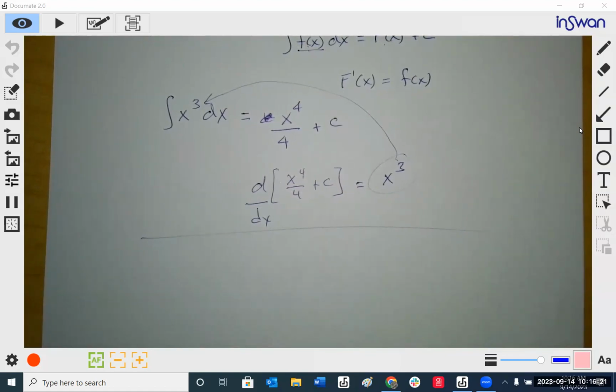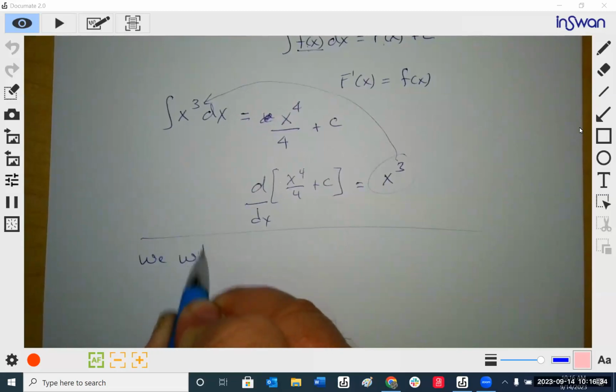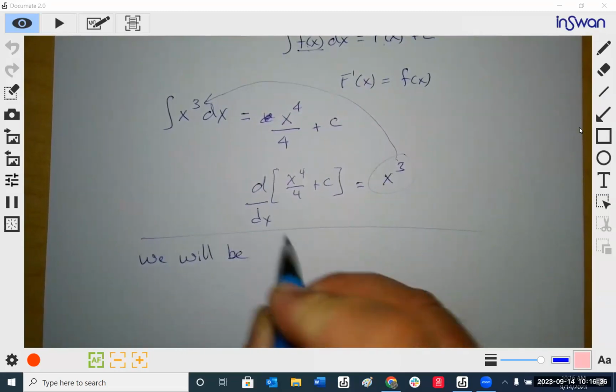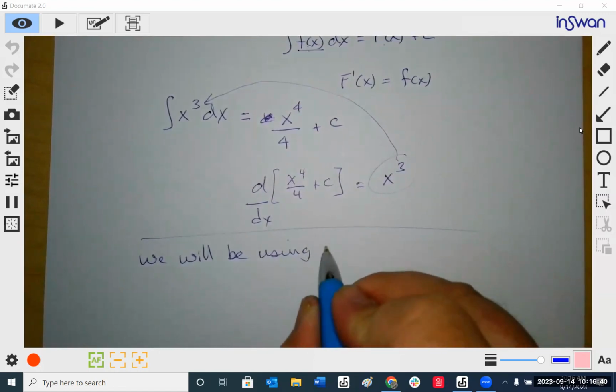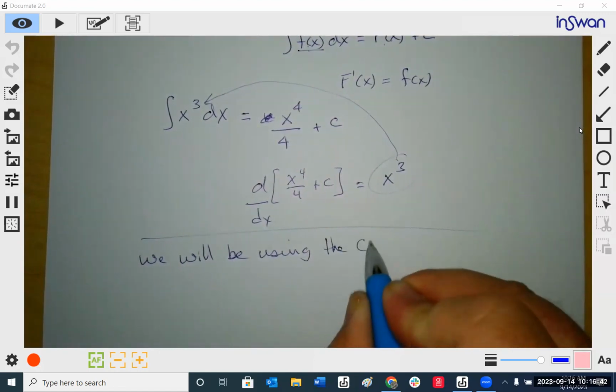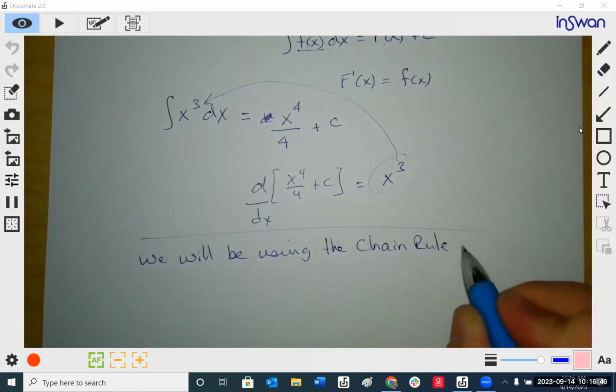So let's put a formal definition of what we're looking at here. What we're going to be doing here, we will be using the chain rule backwards.